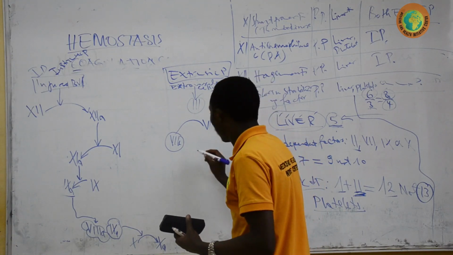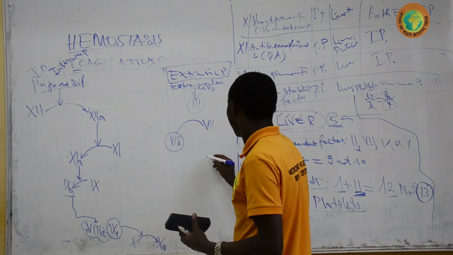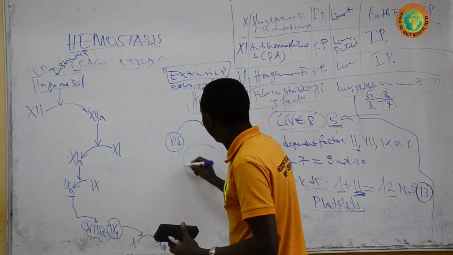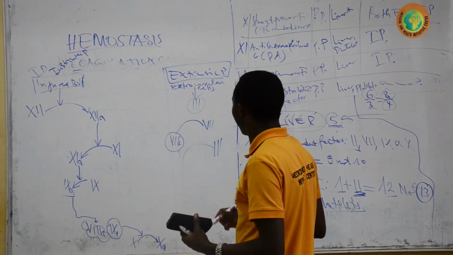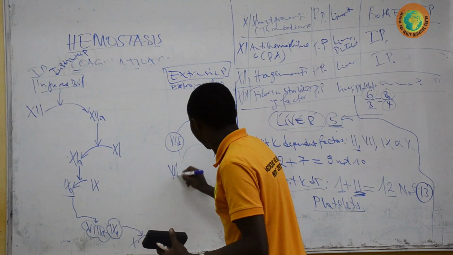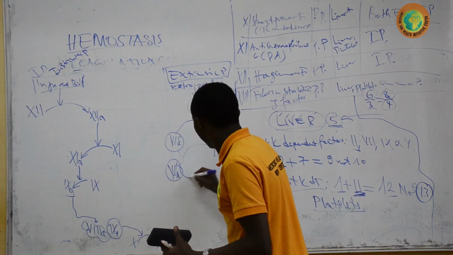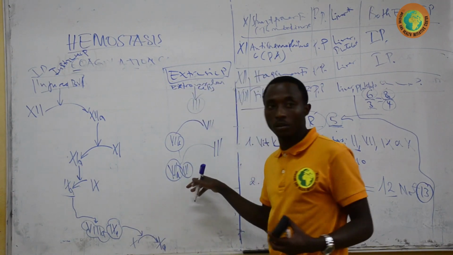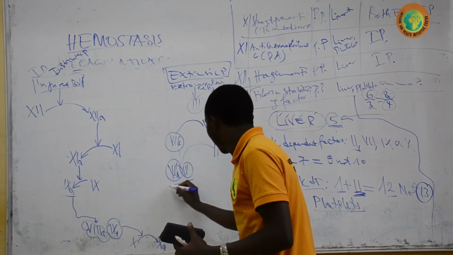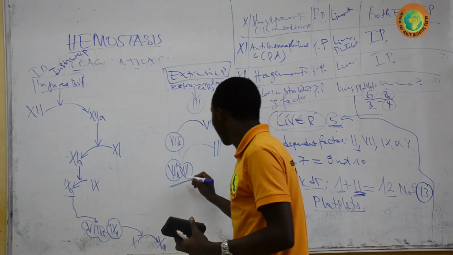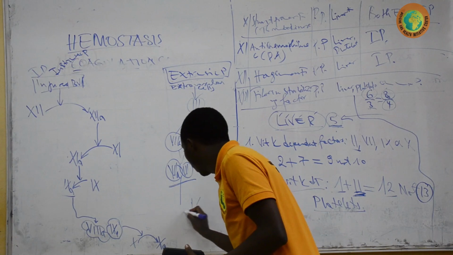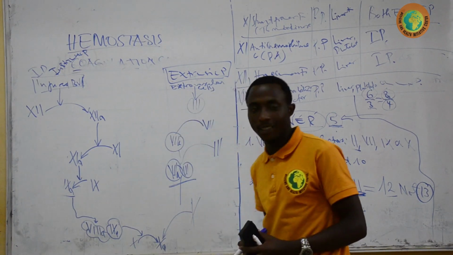Once factor 7 is activated, it forms a complex with factor 3 again, the complex of factor 7 and factor 3, which is not activated. And this complex is able to activate factor 10.